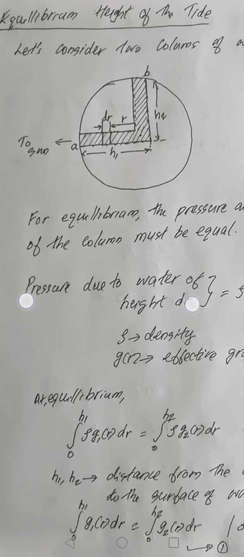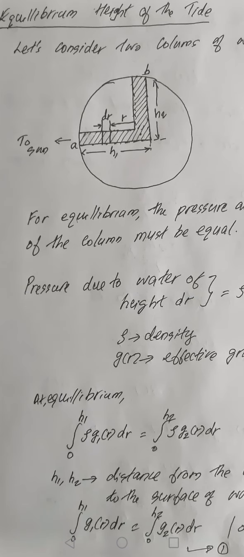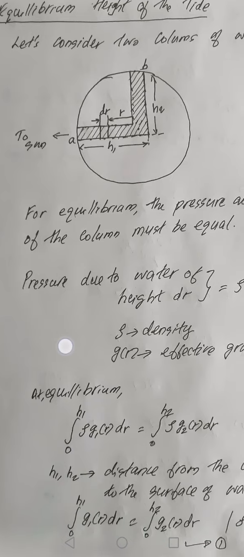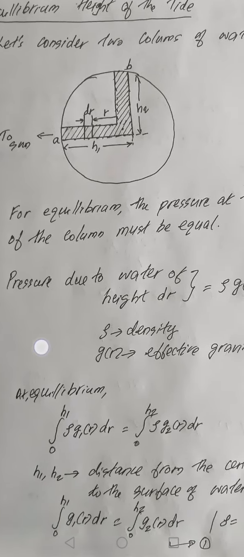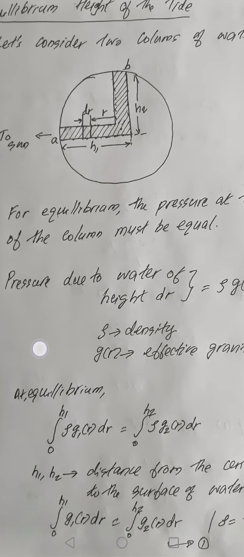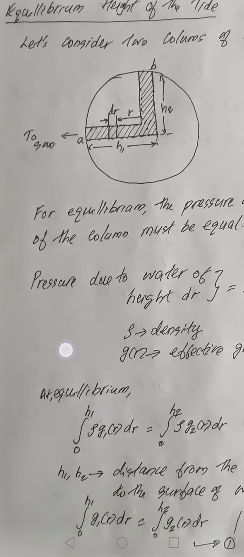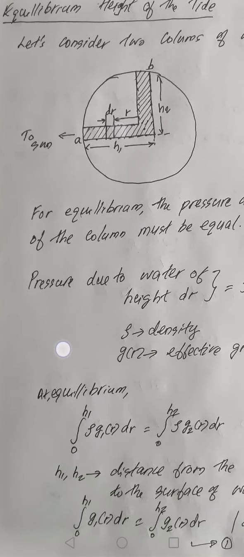At equilibrium, these two pressures should be equal. That means integral 0 to h1 of rho g1 of r dr should be equal to integral 0 to h2 of rho g2 of r dr. G1 of r is the field here, g2 of r is the field here.